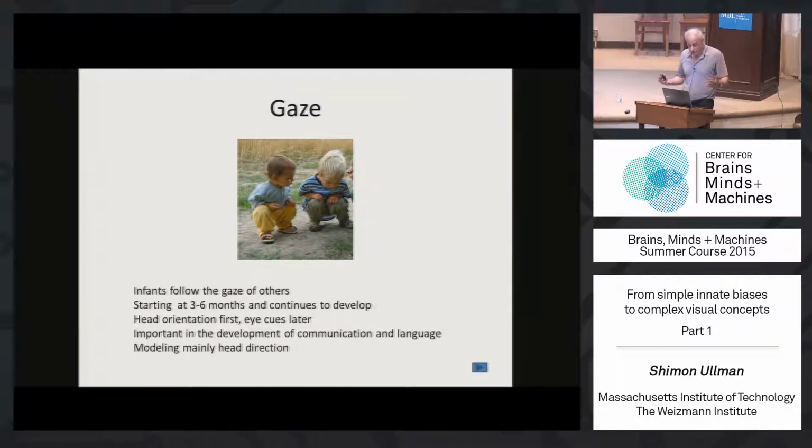Some infants do not have this mechanism, being able to attend to the same event or object that the other person is attending to, and this has developmental consequences.